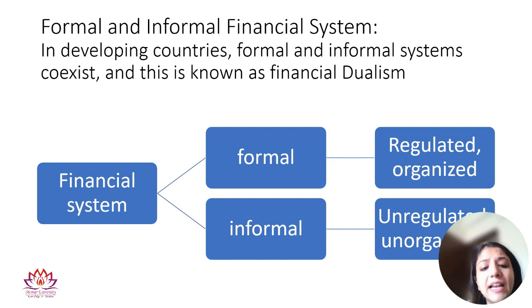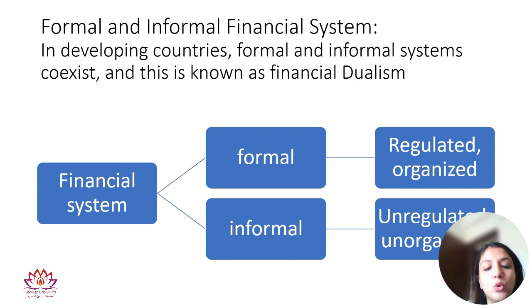So let us discuss what is a formal financial system and what is an informal financial system. In the formal financial system, there is a regulated and organized structure. There is a proper system which is followed in a proper sequence. For example, banks. Banks are included in the formal financial structure.